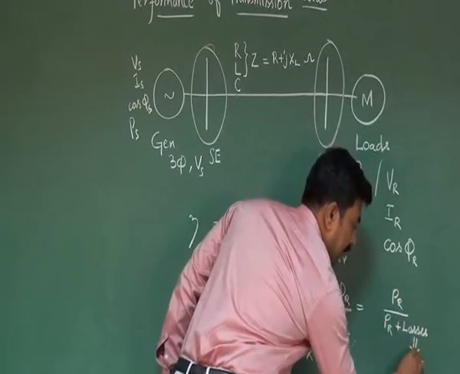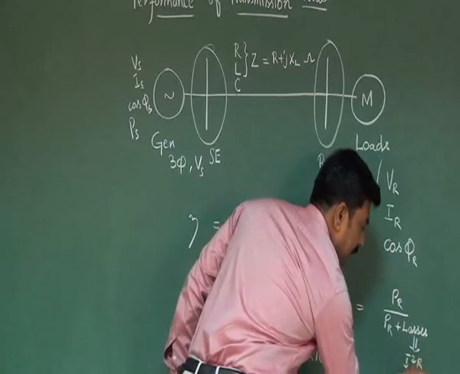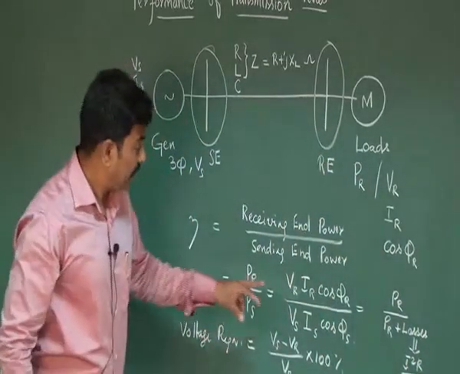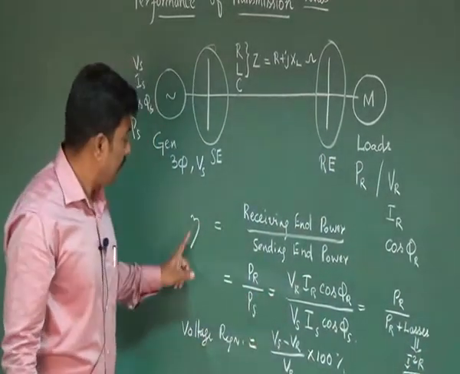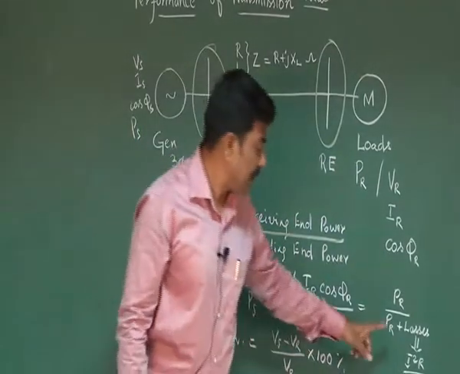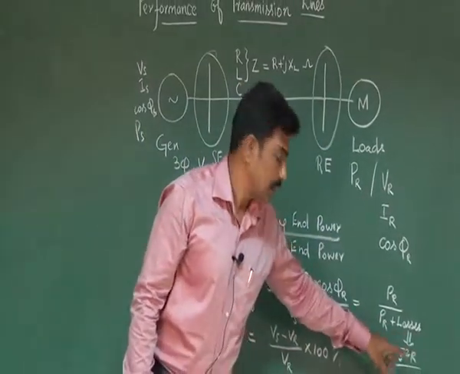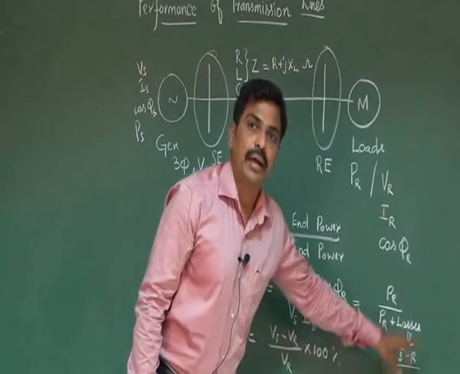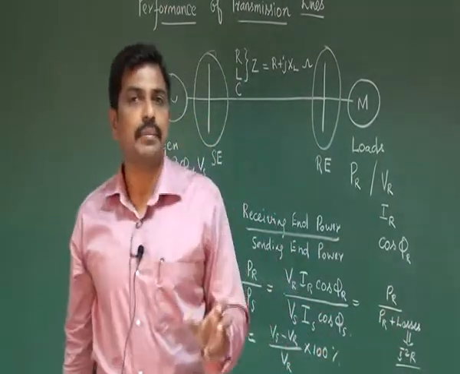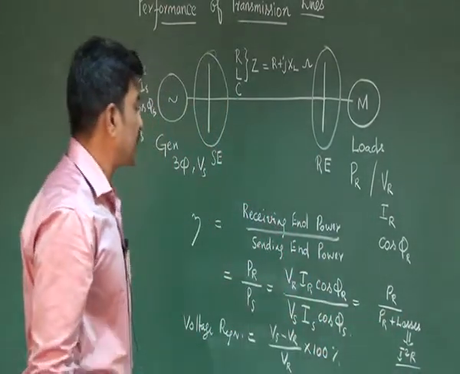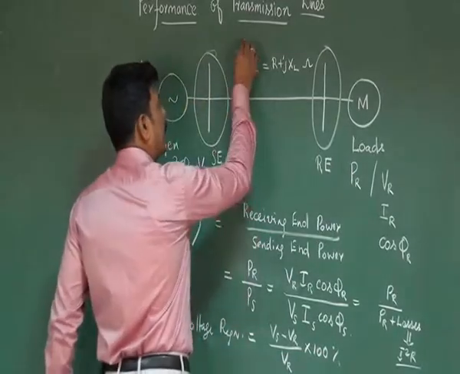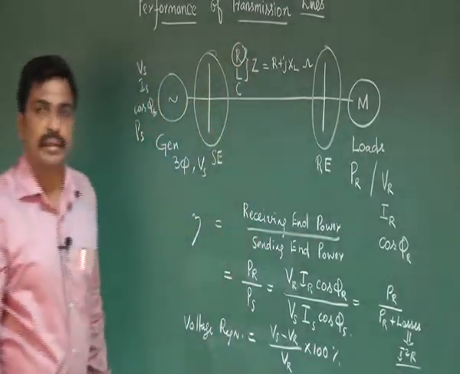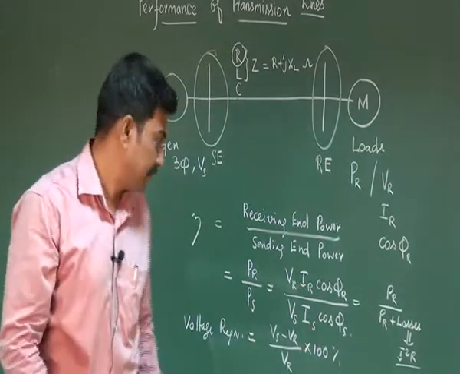The losses are actually I squared R. So from the expression we can understand the efficiency mainly depends on the losses. Losses mainly depend on the resistance, one of the major parameters of the transmission line. So this plays a vital role in determining the efficiency of the transmission line.